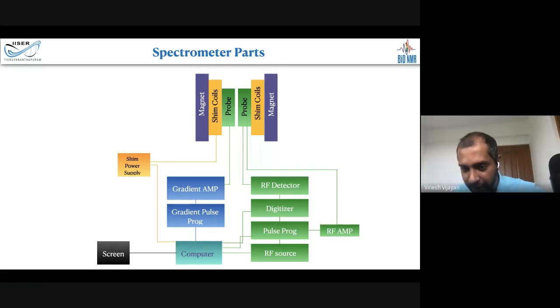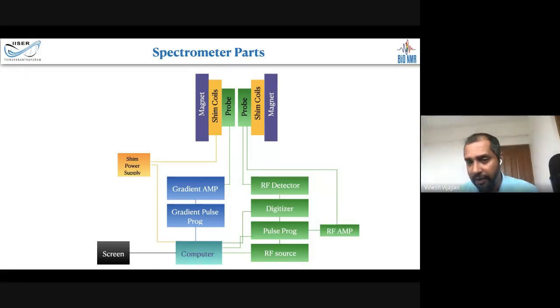The gradient pulse and gradient probe are used primarily for MRI, because that is where, as I was talking about, the uniformity of the magnetic field matters. In MRI we basically destroy that uniformity by applying a gradient, and the gradient pulse program and gradient amplifiers are really required in that particular probe.